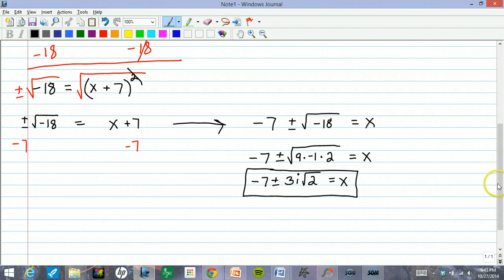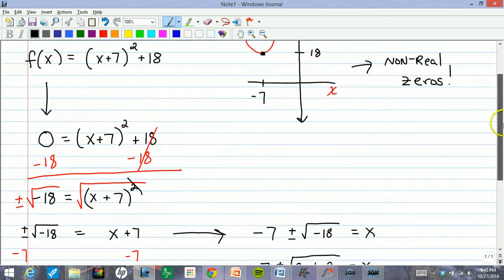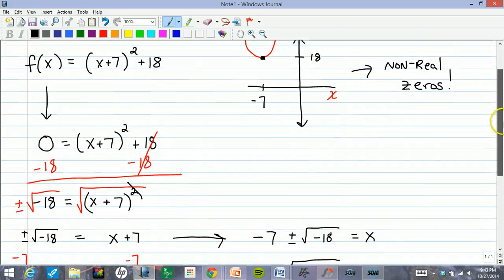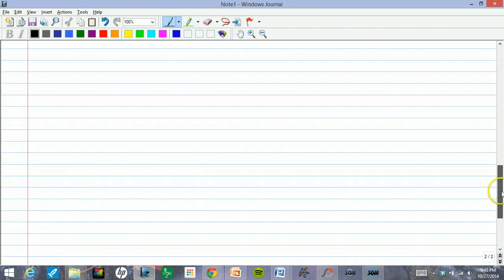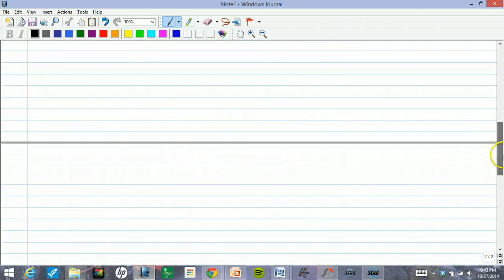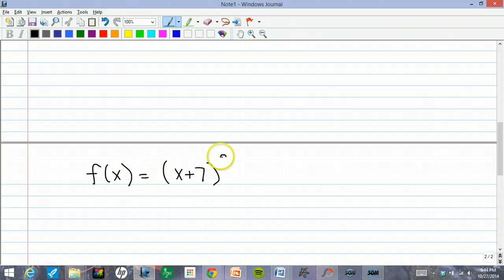I didn't ask you to do this in this question, and I decided I'm going to do this right now. Let's check one of those zeros super fast. So the function was f(x) = (x + 7)² + 18. I want to check one of the zeros.